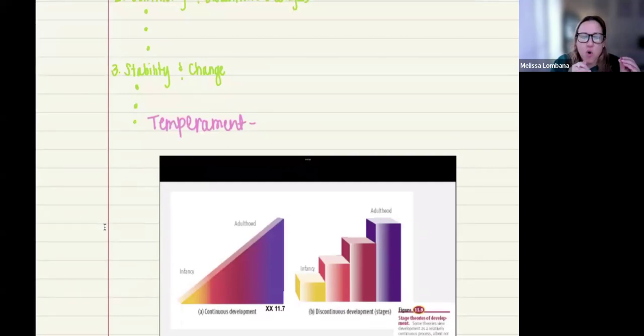This is something that is stable throughout your life. You are born with this. As you get older, this temperament can affect your personality, but it could also affect how people react to you, how your environment reacts to you as well. So it's quite interesting.